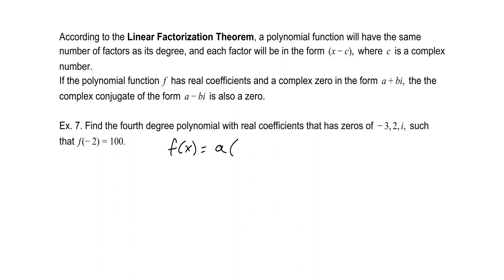We don't know the leading coefficient, but this is based off of the fundamental theorem of algebra. f of x equals a times x minus c1 times x minus c2, etc. So we have x plus 3 as the first factor, x minus 2, x minus i, and based on the complex conjugate theorem, we have x plus i.